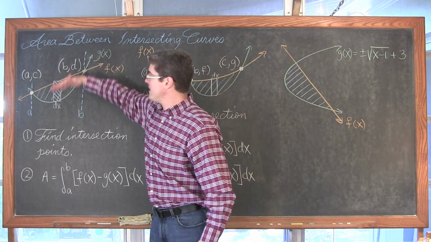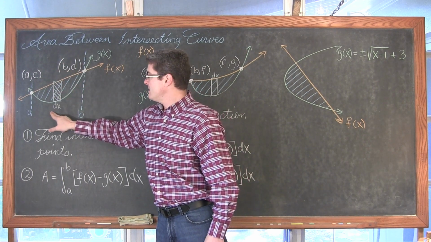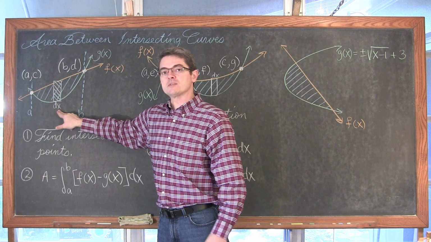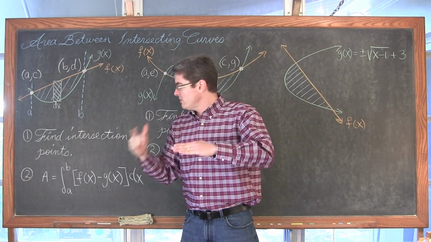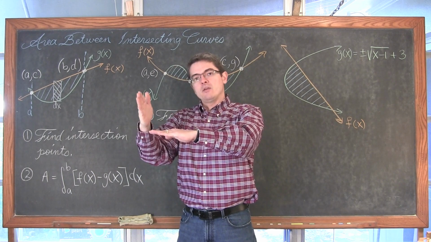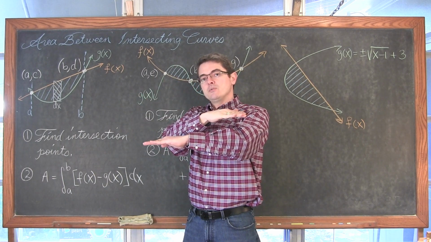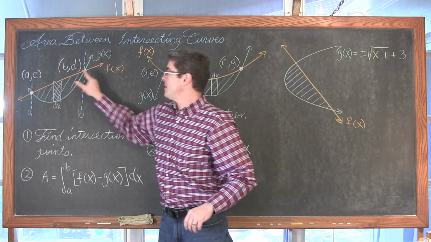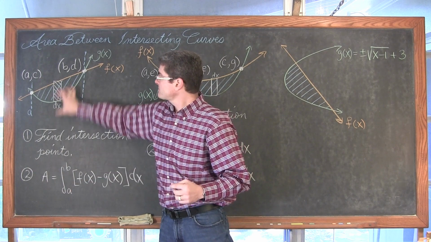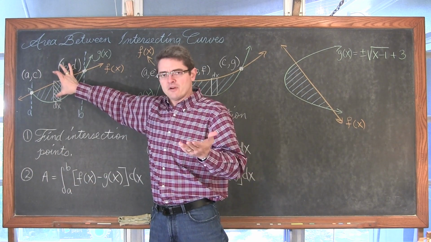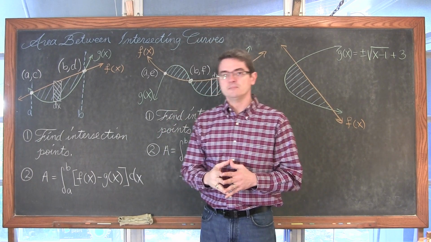So it's the y values of the functions that are defining the height of the rectangle, and then therefore the width of the rectangle is defined as dx or delta x. So we're using the x values, the values along this horizontal axis, to define the lower and upper limits of our definite integral, because the y values of the functions are allowing us to find the height of the rectangle.